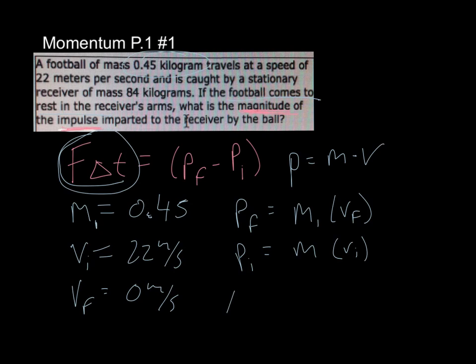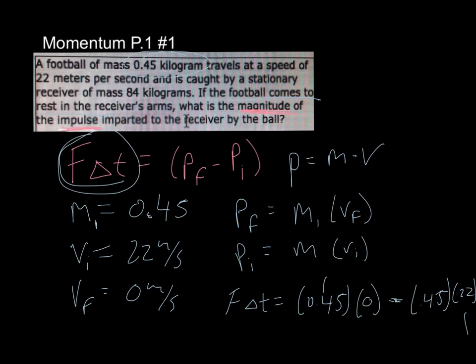So we find that the impulse will be a mass of 0.45 times a final velocity of 0, minus a mass of 0.45 times a velocity of 22.